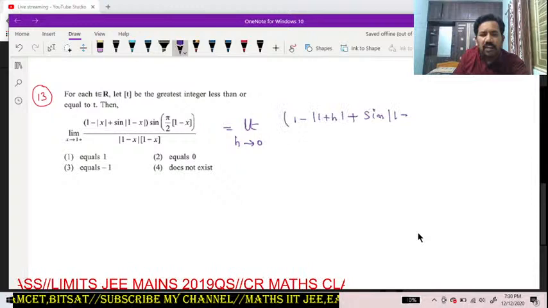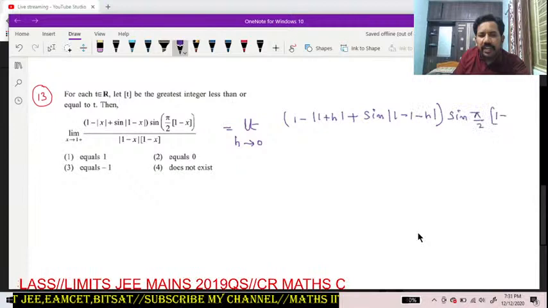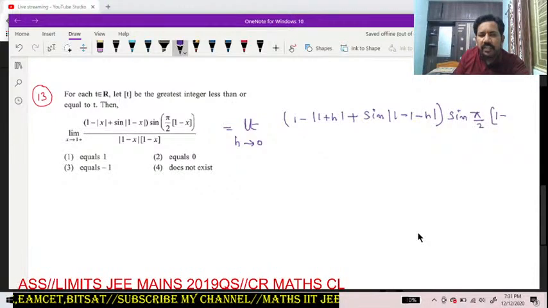Outside minus is there now. We get 1 minus minus 1h into sine of pi by 2, step 1 minus, in place of x we need to write 1 plus h. So here we get 1 minus h.